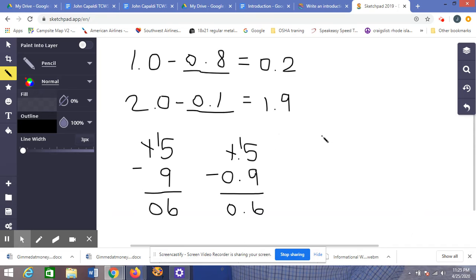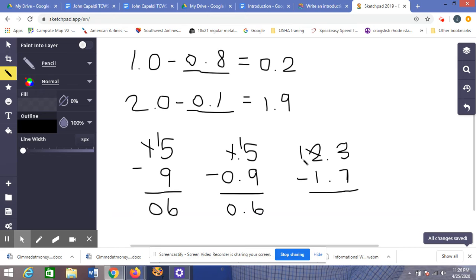And let's do another one. So we got 2.3 minus 1.7. First thing we need to do, go all the way to the right to the smallest place value, our tenths. Can we do 3 tenths minus 7 tenths? No, so we go over to the ones place. We're going to borrow one of these, just one.